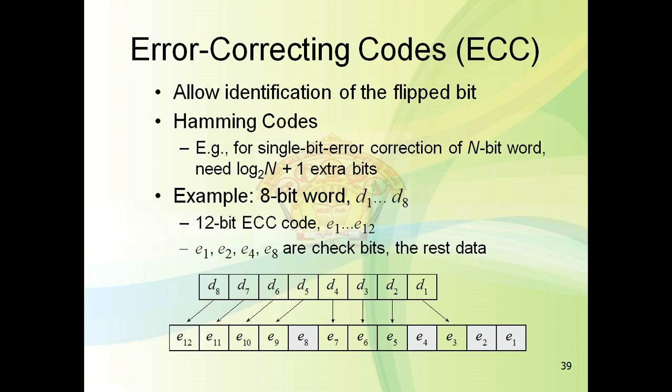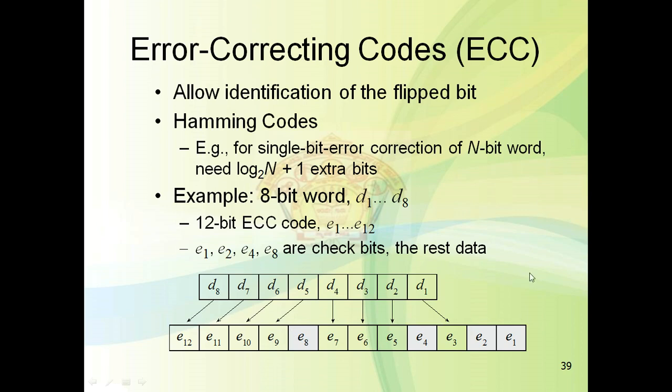That is where we place the check bits. 2 raised to 0 is 1, so E1 is a check bit. 2 raised to 1 is 2, another check bit. 2 raised to 2 is 4, another check bit. 2 raised to 3 is 8, another check bit.